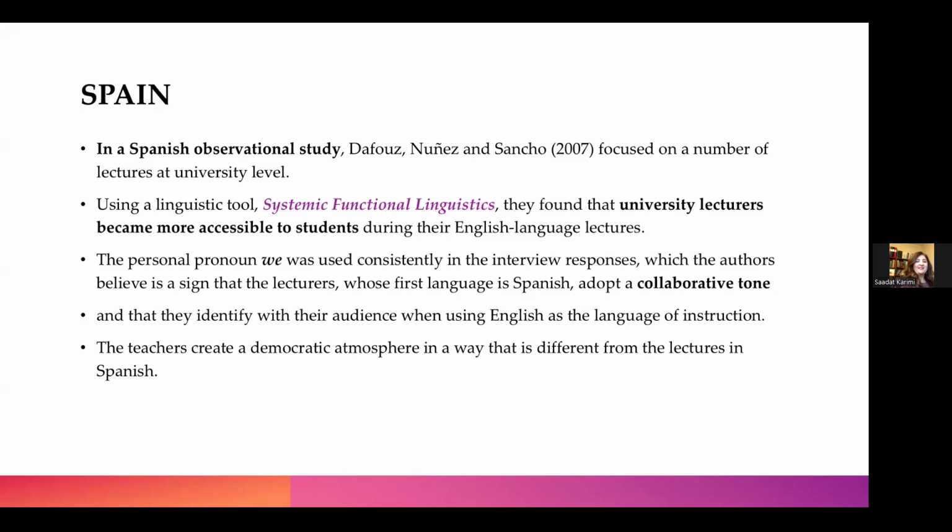The personal pronoun we was used consistently in the interview responses, which the authors believe is a sign that the lecturers whose first language is Spanish adopt a collaborative tone and that they identify with their audience when using English as a language of instruction. The teachers create a democratic atmosphere in a way that is different from the lectures in Spanish.